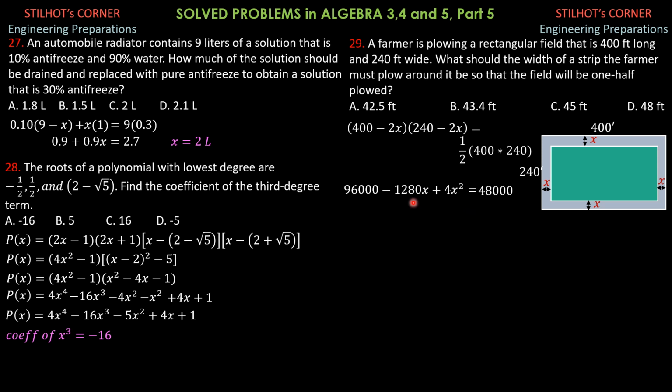Simplifying, 4x squared minus 1280x plus 48,000, because 96,000 minus 48,000 is 48,000, equals 0. Dividing everything by 4, x squared minus 320x plus 12,000 equals 0.